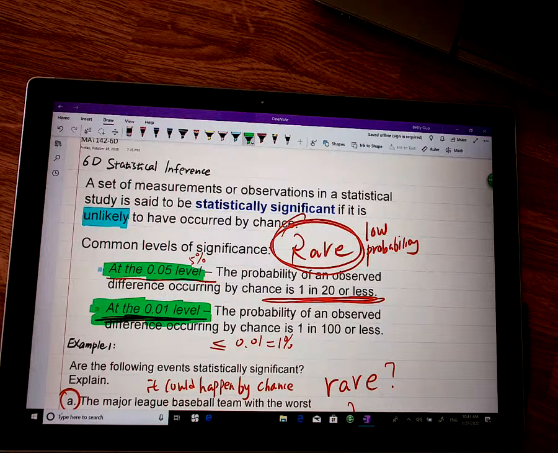If at the 5% level something is statistically significant, that means the chance for the thing to occur is 5% or lower. If we say at the 1% level, something is statistically significant, that means the chance of the thing to occur is 1% or less.